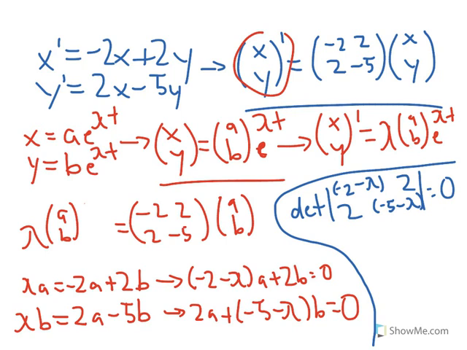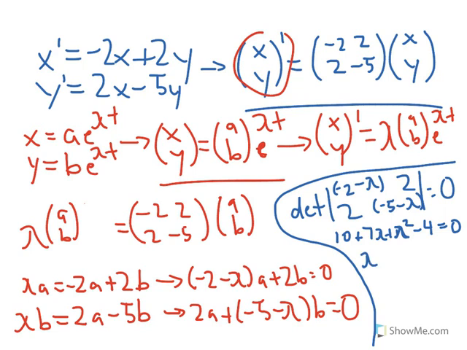Now what will this determinant be equal to? We'll first multiply the top left by the bottom right, and that will give us 10 plus 7 lambda plus lambda squared, and then multiply the bottom left by the top right, which will give us 4, and we subtract it, and this would be equal to 0.